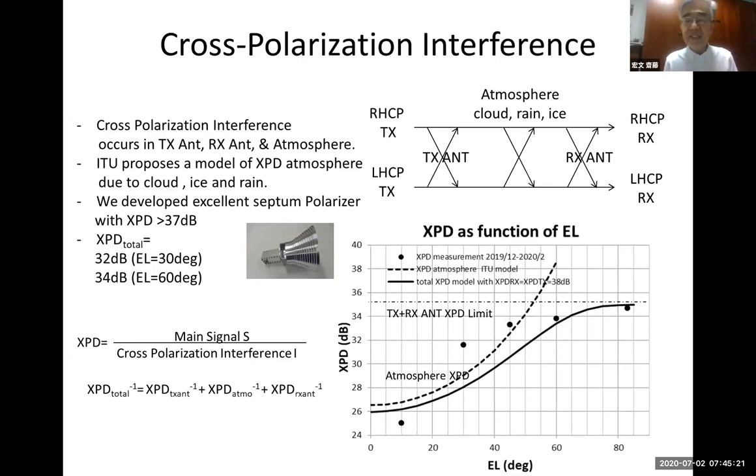And also at the receiving antenna, the two polarizations may mix. Such cross polarization interference is described by XPD, cross polarization discrimination, defined by this equation: main signal power versus cross polarization interference.